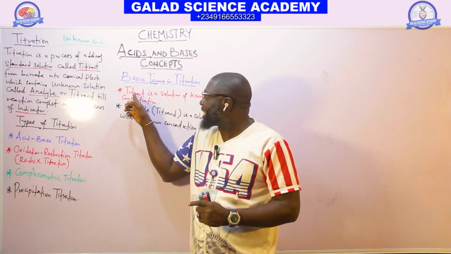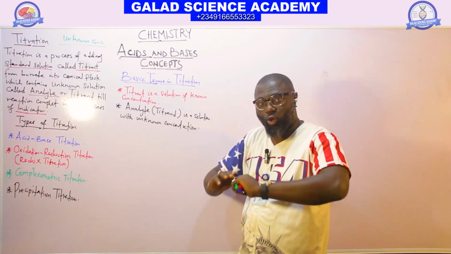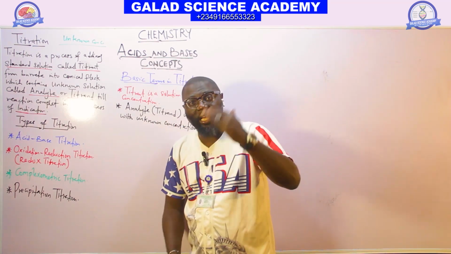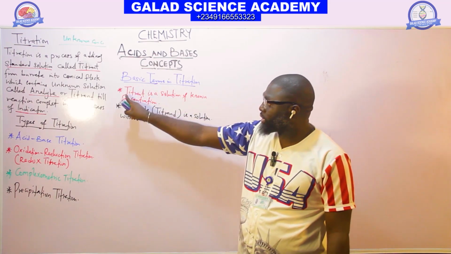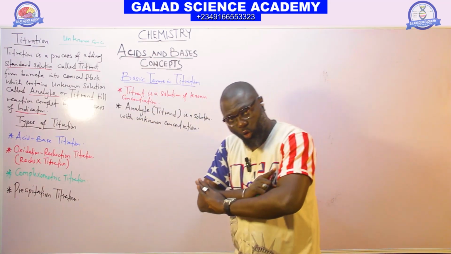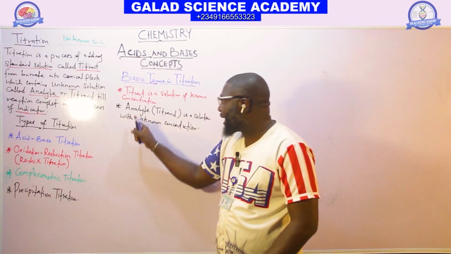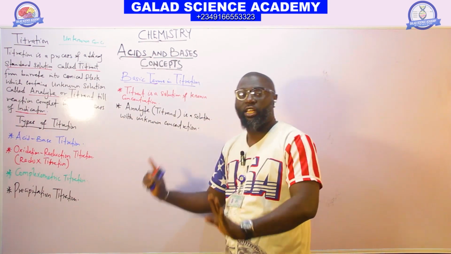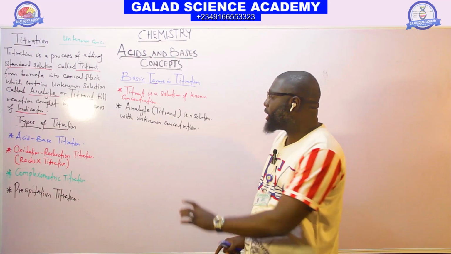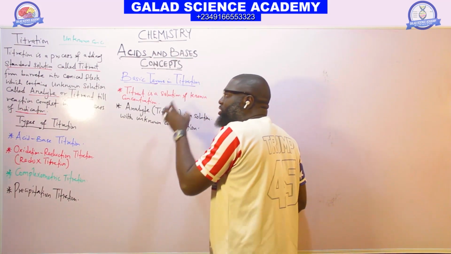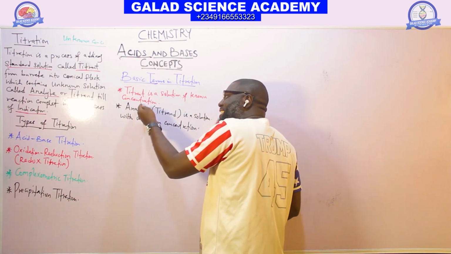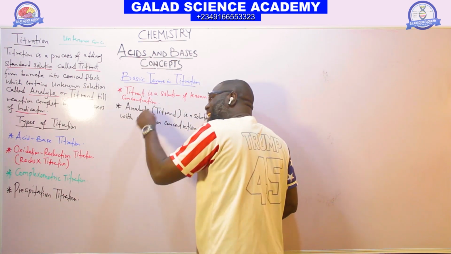The solution is unknown, but the volume we get at the end of the titration. Analyte means unknown concentration. It is the concentration of this analyte that you want to know. So you will try to titrate the titrant against the analyte in the presence of an indicator to know the concentration of the analyte.